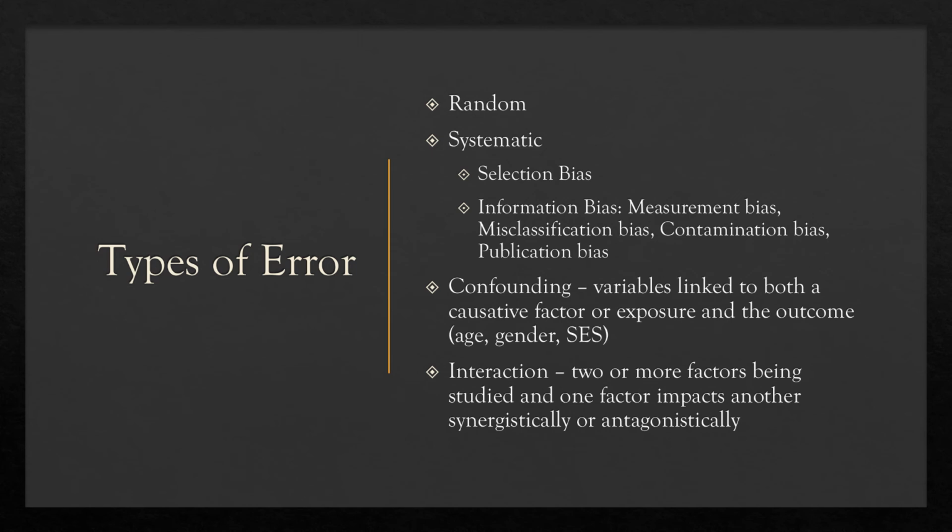A contamination bias is similar. It's when somebody migrates into a different group, or is accidentally exposed to a different factor that is supposed to be linked to the other group, and so they're being contaminated by that other intervention.